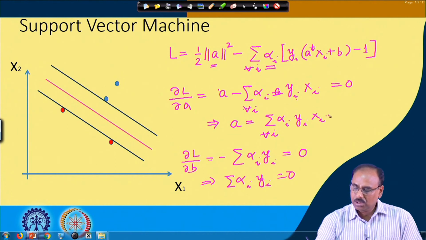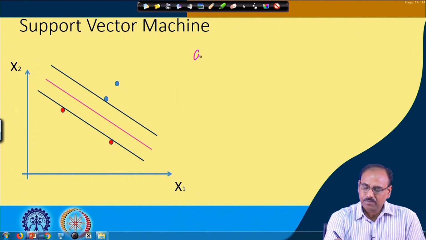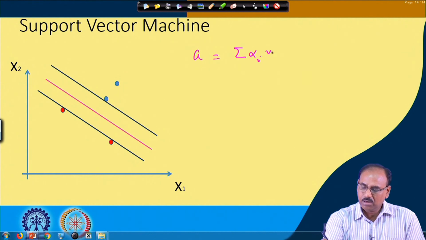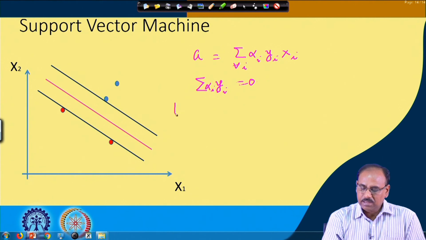So, I get two intermediate solutions, that is A is equal to sum of alpha I, yi, xi, summation over all I, and the other I get is sum of alpha I, yi, that is equal to 0. Now let us see what Lagrangian that we had.